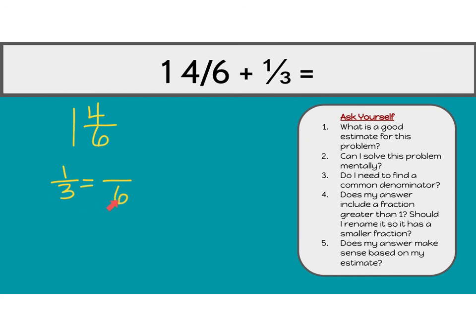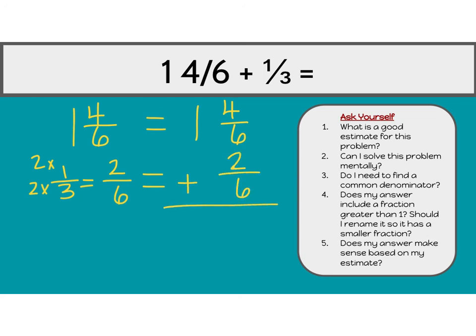I have to multiply times 2. So that means we're going to multiply the bottom times 2 and the top. So this becomes 2/6. So now I can take the 1 4/6. So we're just going to say that that hasn't changed. We're just going to scoot it over. And we're going to take the 2/6.